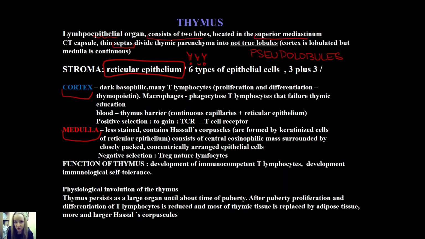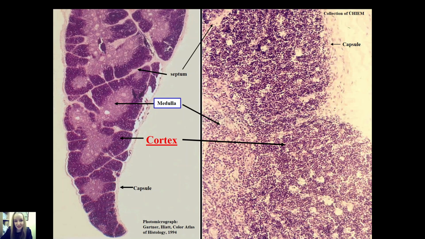Everything is connected together in the thymus. So we are not describing separated lobules, but pseudolobules. Everything is connected.